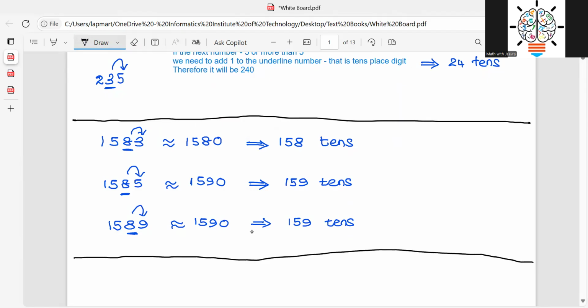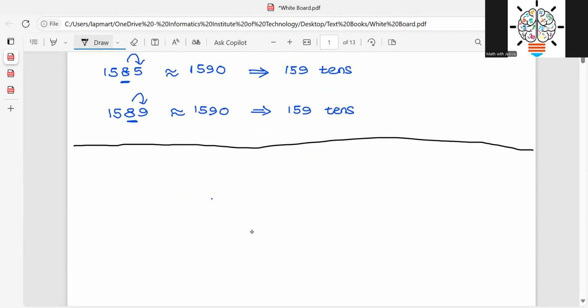Right. Now I will take a different type of example to show you something. Let's say you have, look at this example, 4,993, right?